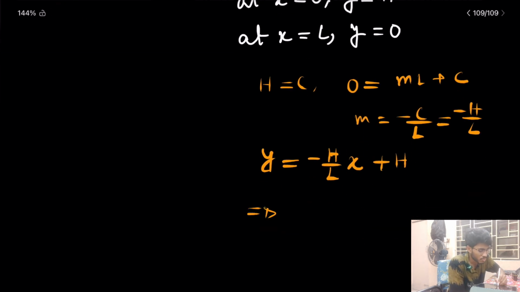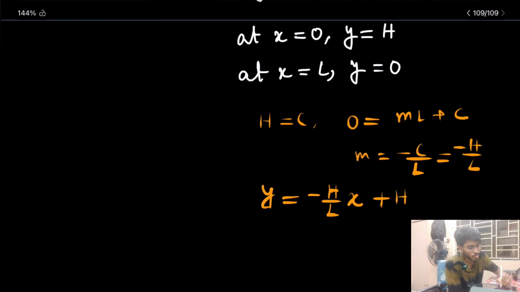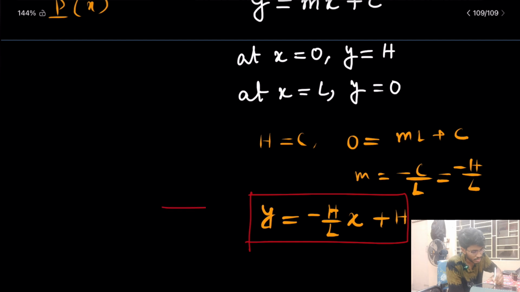That means this is y is equal to, okay, this much is fine, I guess. So the moment I know the equation for y, then I can find the slope, right?